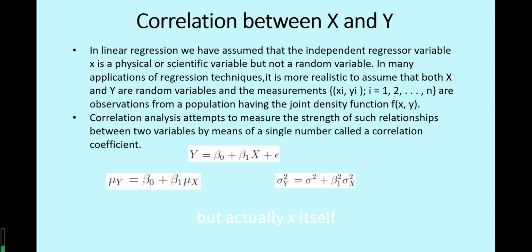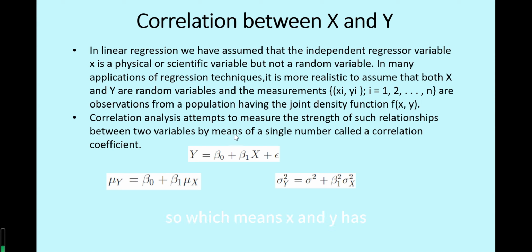But x itself can also be denoted as a random variable because x takes different values in the sample, right? We get a sample and we do not know beforehand what the value of x is. So x and y are actually both random.